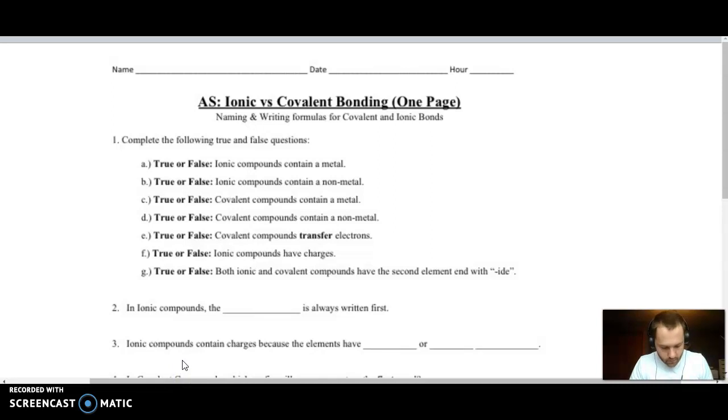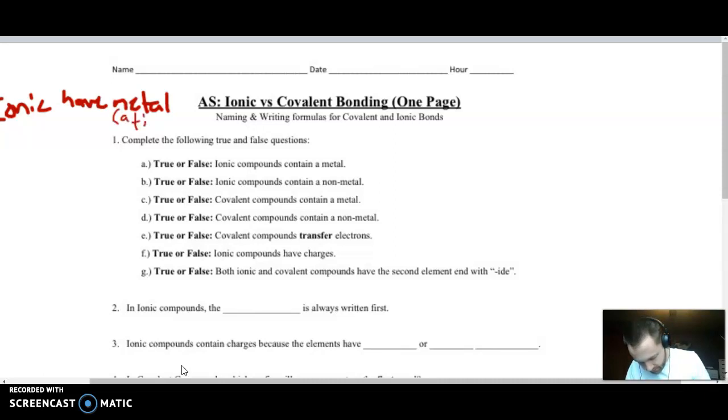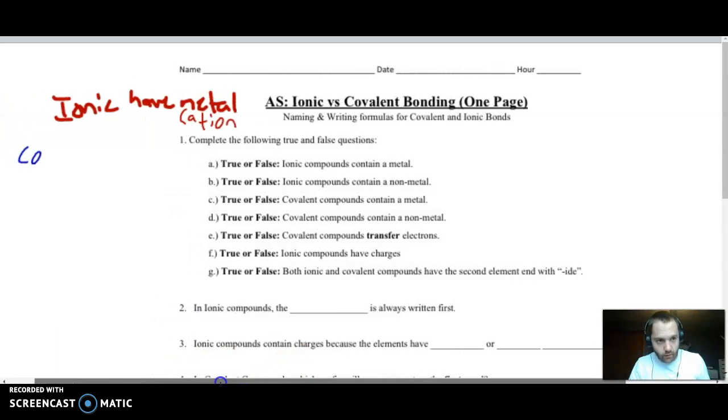So the easiest way is to just remember ionic compounds have a metal, or realistically we should say ionic compounds contain a cation, and then covalent compounds contain only nonmetals.